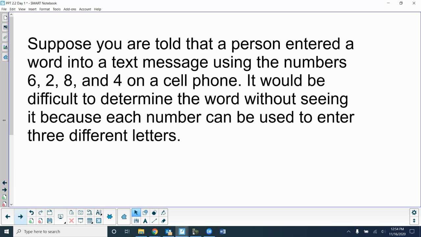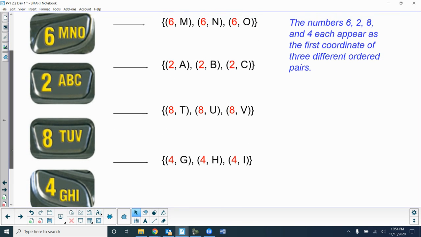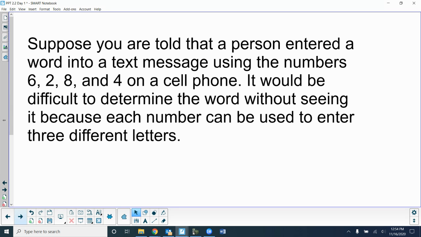All right. So it says, suppose you were told that a person entered a word into a text message using those numbers, 6, 2, 8, and 4, these ones that they got here. All right. So there's 12 different letters that you could use, but what letters did they actually use? It'd be hard to tell, right?